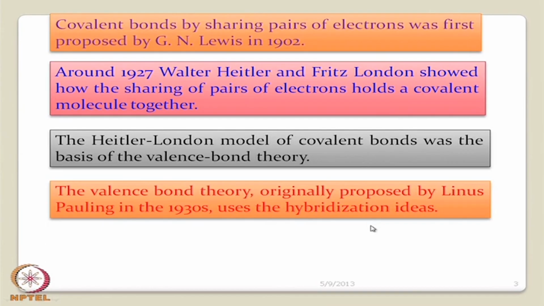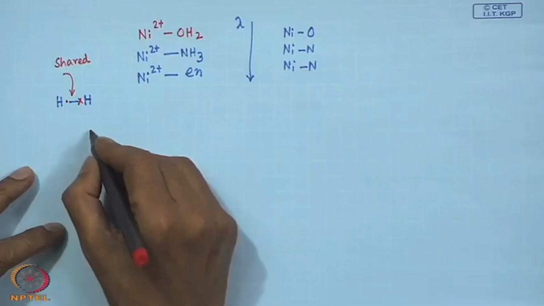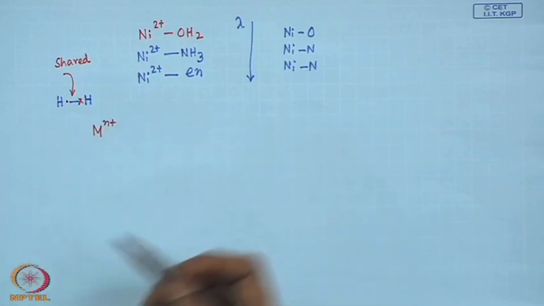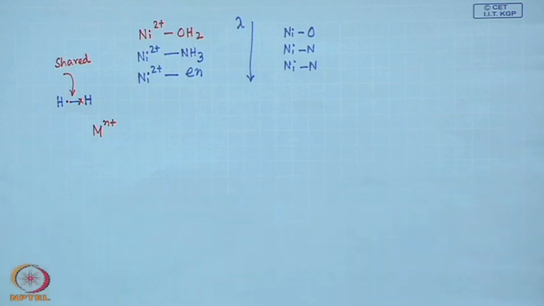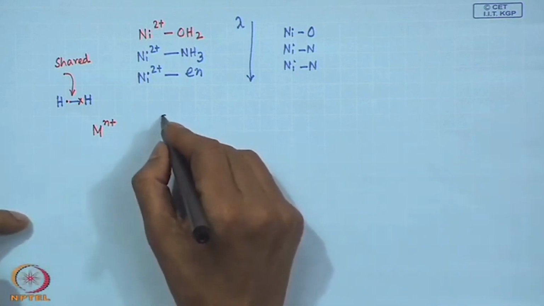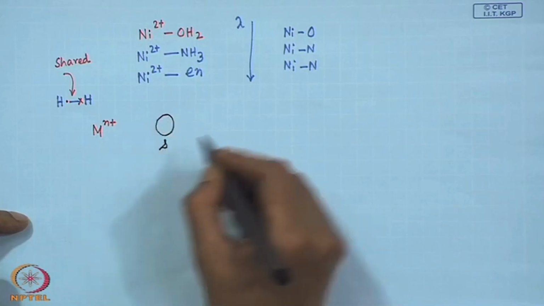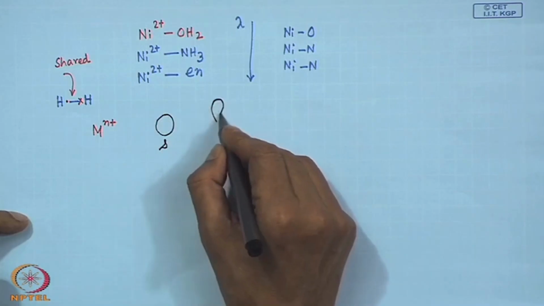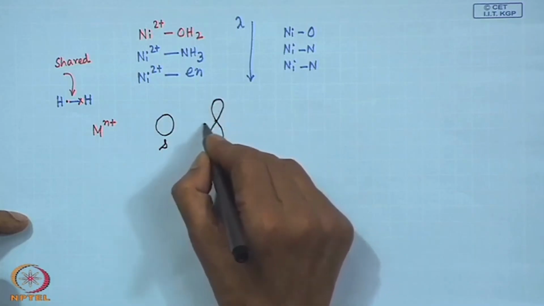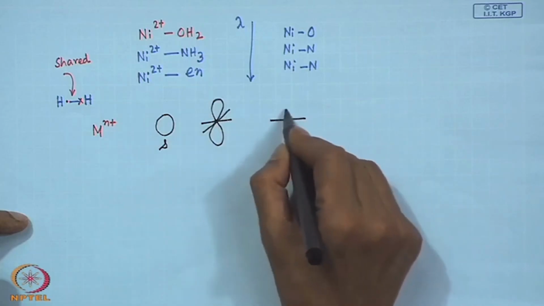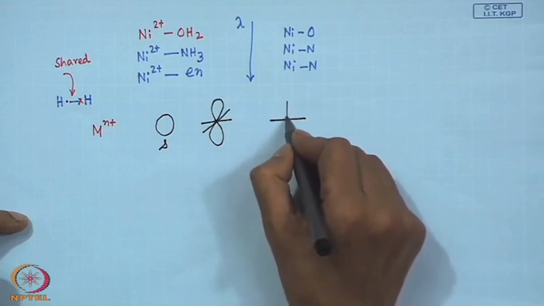So hybridization of suitable orbitals, because we all know that whenever we have the metal ion or any other atom, we can have the corresponding orbitals. So we can have the corresponding s orbital, different p orbitals and different d orbitals.